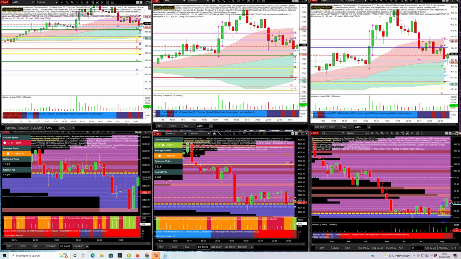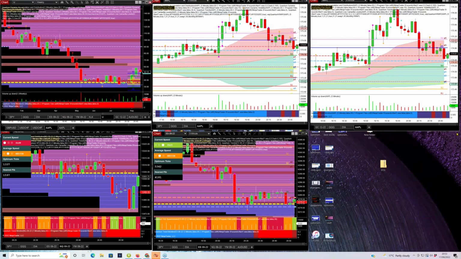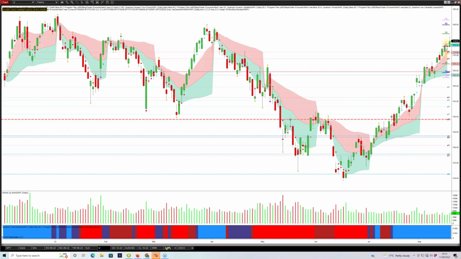At the moment these are in testing mode, and I've got them on the Apple chart here, and we've also done one for the daily chart for the slower time frames, and so far they're interesting.